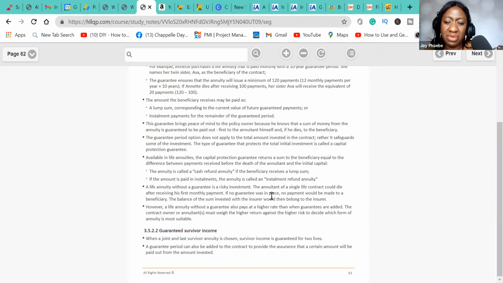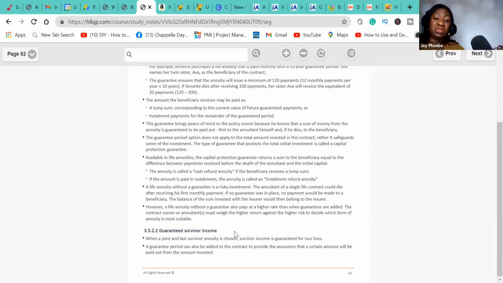If no guarantee was in place, no payment would be made to any beneficiary. The balance of the sum invested would then belong to the insurer. However, a life annuity without a guarantee also pays at a higher rate than when guarantees are added. The contract owner or annuitant must weigh the higher return against the higher risk to decide which form of annuity they want to go with.